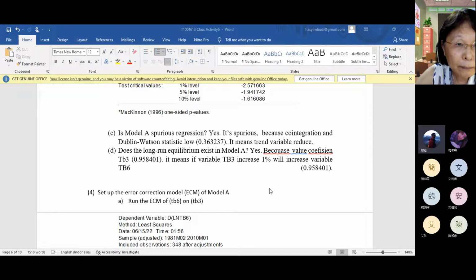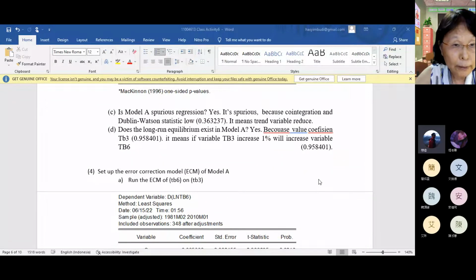Okay, go on. D: does the long run equilibrium exist in model A? Yes, because the coefficient of TB3 is 0.958. This means if variable TB3 increases 1%, variable TB6 will increase 0.95%.